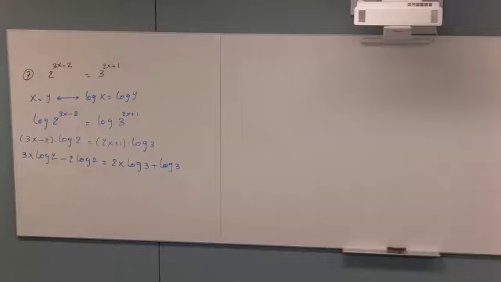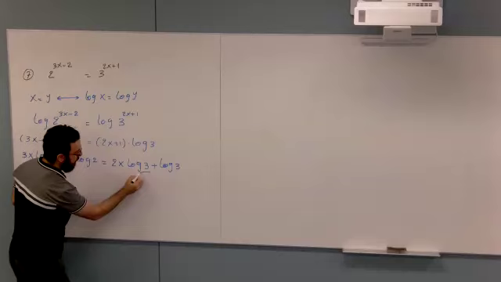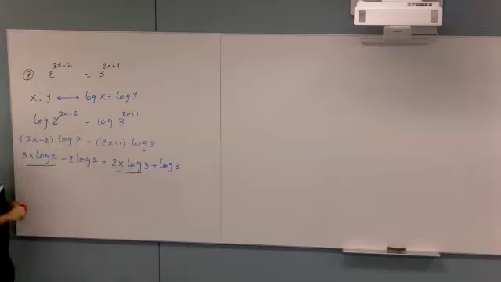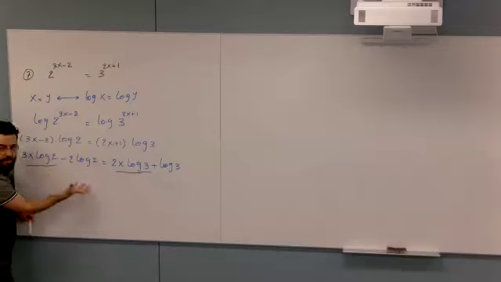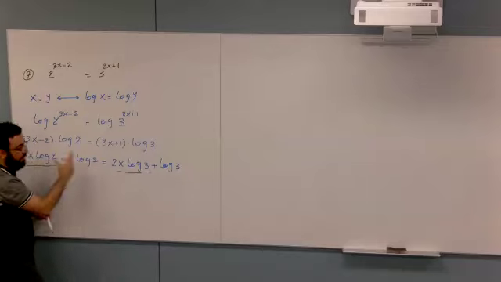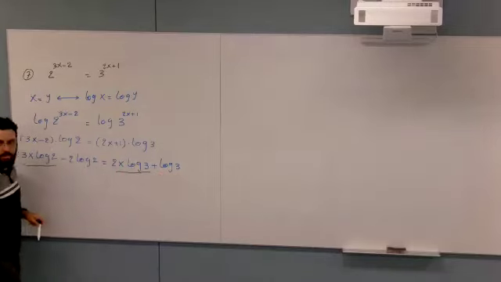The goal when I did this was I need to keep this one on this side because it has the x and that's the goal we need to find, and move this one to this side. And if you look here, it's just a number, this one. Because log 2 is a number, times 2, a number. There is no variable like x. And that's our goal. The same thing here, log 3 is a number.